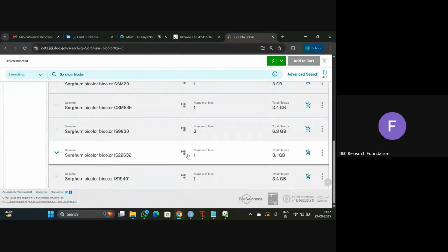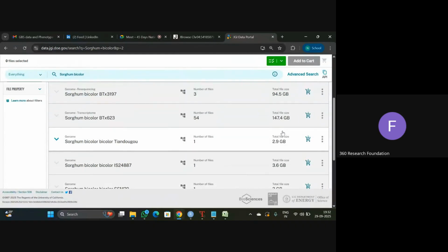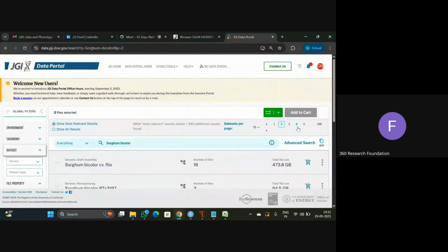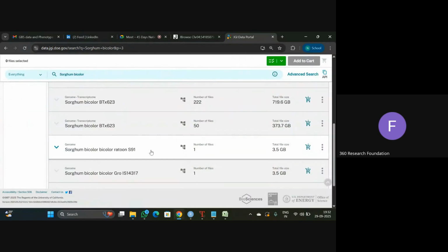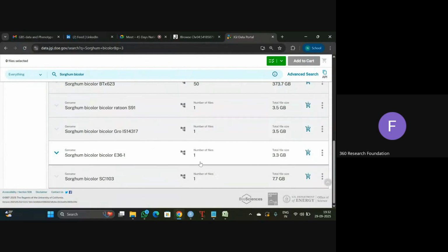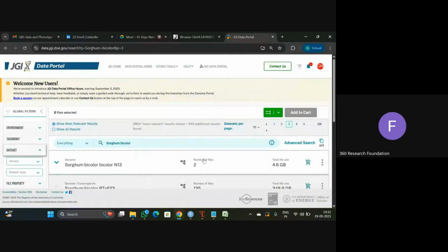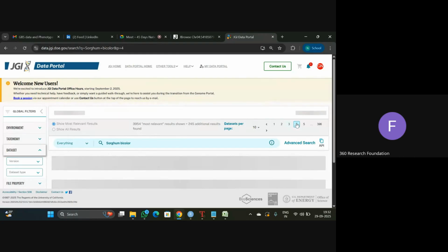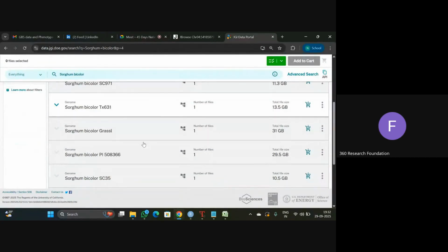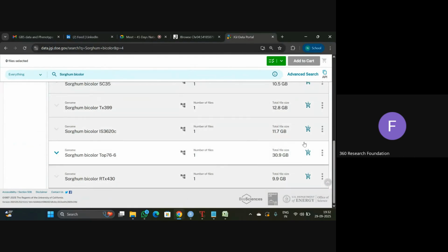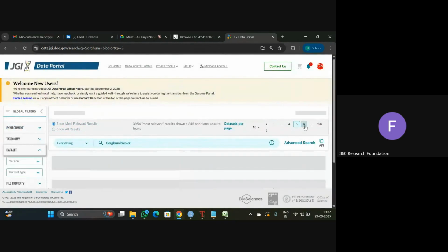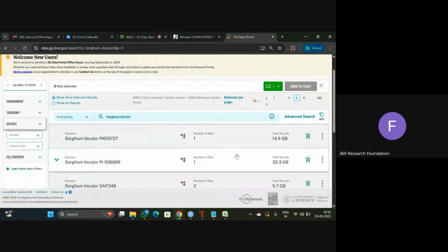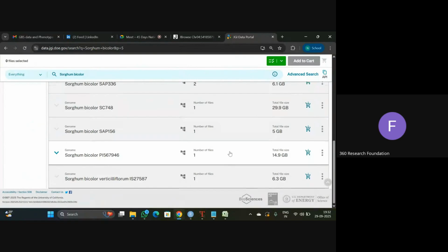Likewise from here, you can download whichever is required. If anyone needs it for functional analysis, as Madam just told, you will get it from here. But its file size is too large, so it's better to go for Wi-Fi.